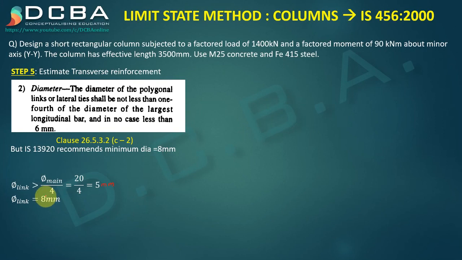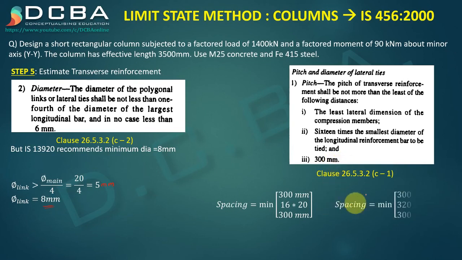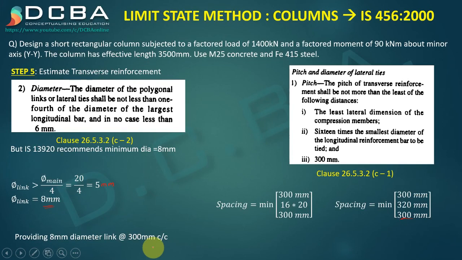So I will give 8 mm dia, and the spacing will be the minimum of these three criteria: 300 mm, that is the least lateral dimension of member, 16 times the smallest dia of longitudinal reinforcement, which is 20, and third 300. So I will take 300. Therefore providing 8 mm diameter link at 300 mm center to center.